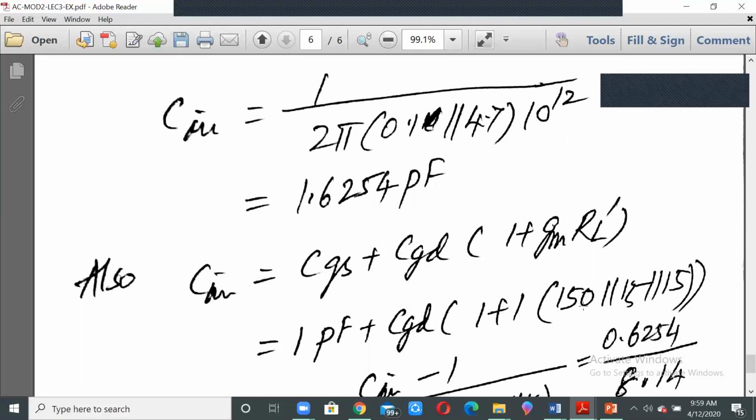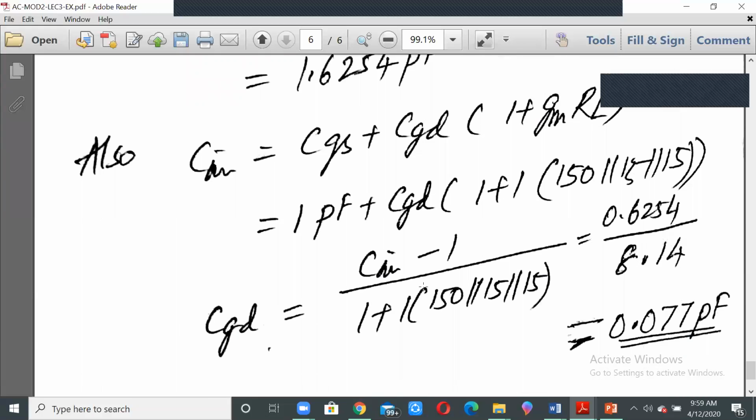1 plus 1 into 150 in parallel with 15, in parallel with 15. All these things are there, and then you can take this 1 picofarad on this side, so it will become Cin minus 1. And this you can take in the denominator, and then we'll get the value of CGD. So Cin minus 1 divided by 1 plus 1 into 150 in parallel to 15 and 15.